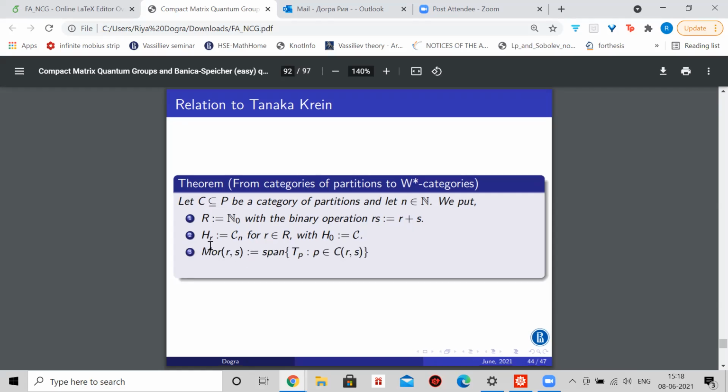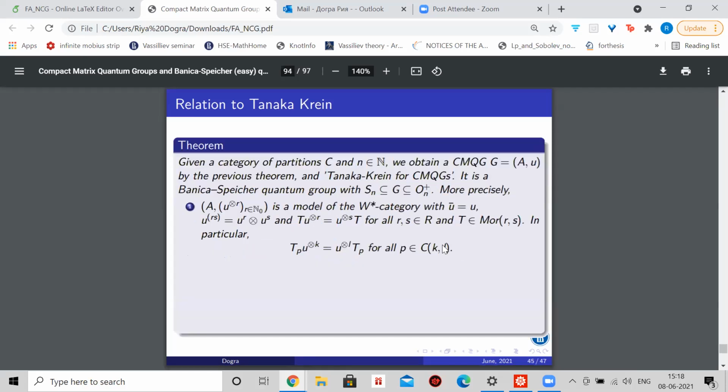These are the family of Hilbert spaces. And the subspace, the Moore subspace with respect to R and S, is given by the span of all these maps with respect to P, where P are all partitions in the category we are considering. This basically defines a W star category, generated by 1. We name this category R.